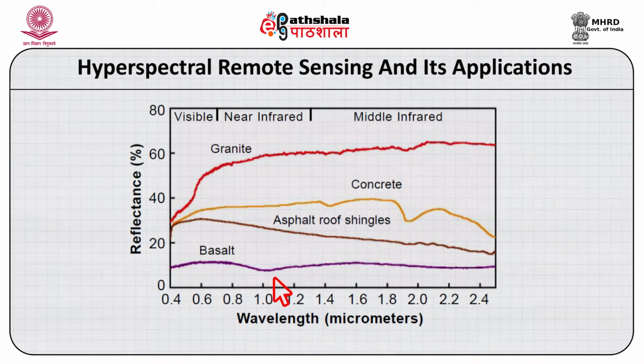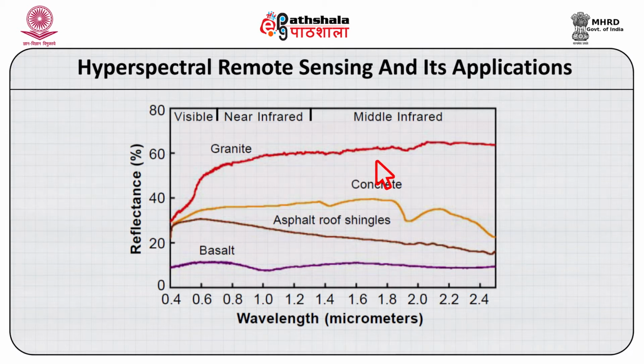basalt does not respond very strongly in all the wavelength region, from 0.4 to 2.4. A fall rooftop behaves strongly in the visible region, then it goes down. Then the concrete surfaces behave strongly in all the wavelength regions. The granite rooftop behaves strongly in the near infrared and middle infrared.